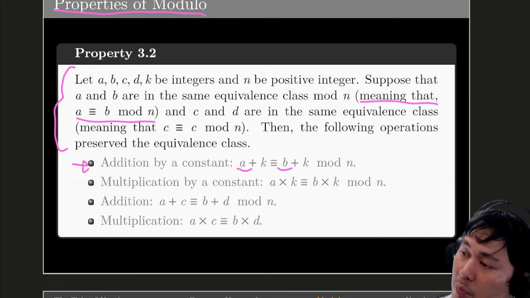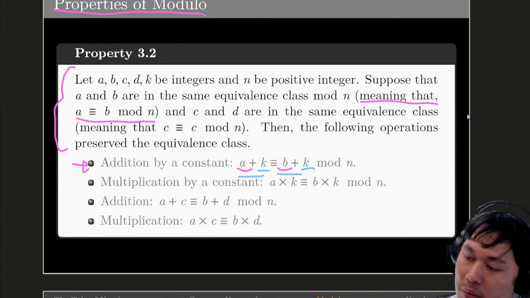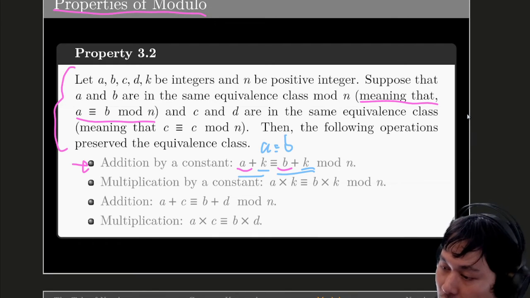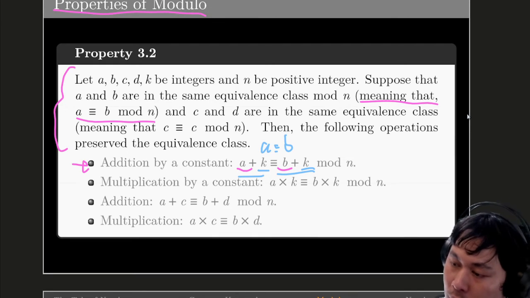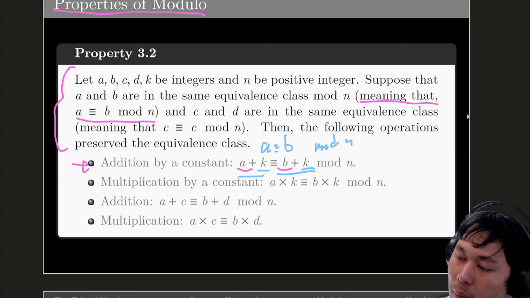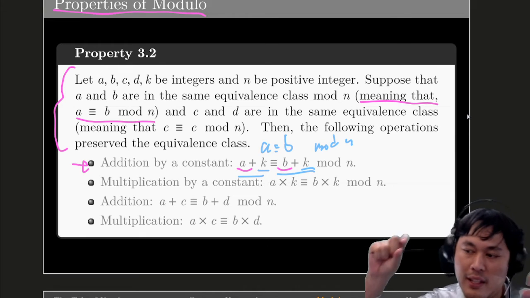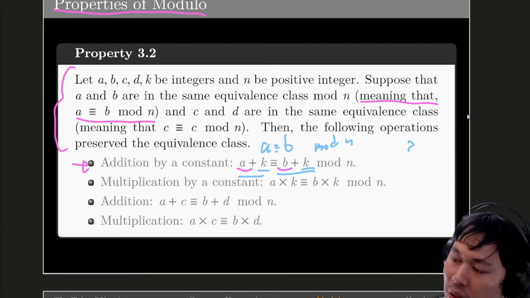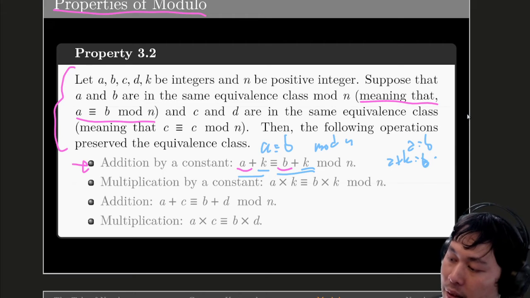Now, if you move both forward by k steps, that is, if A is congruent to B mod n, then if you add k on both sides, you get the same result. Just like if A equals B, then A plus k equals B plus k.